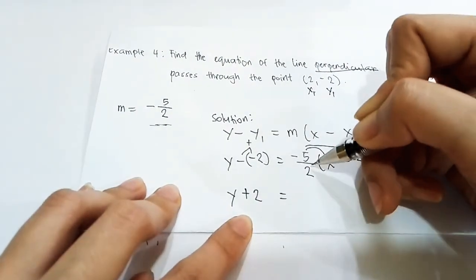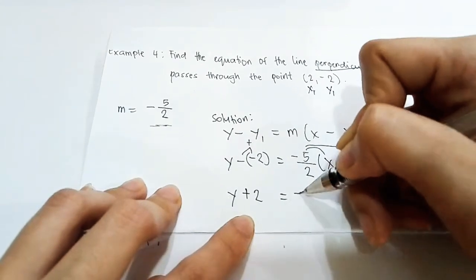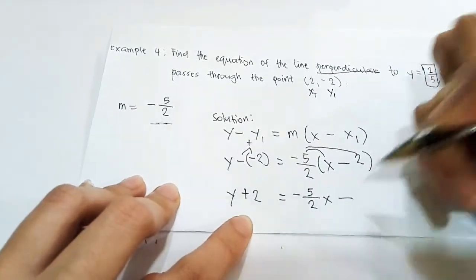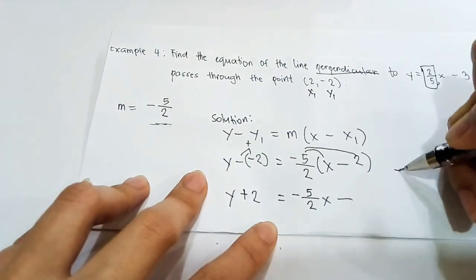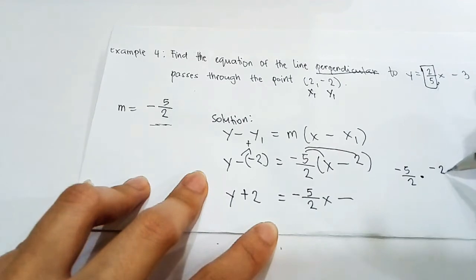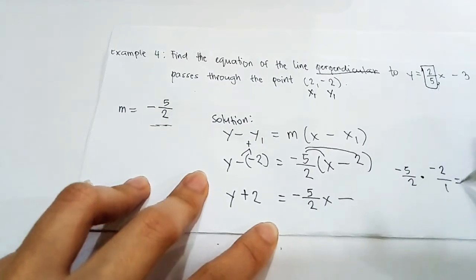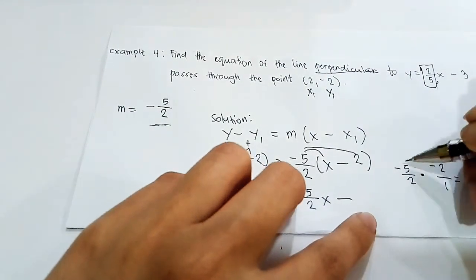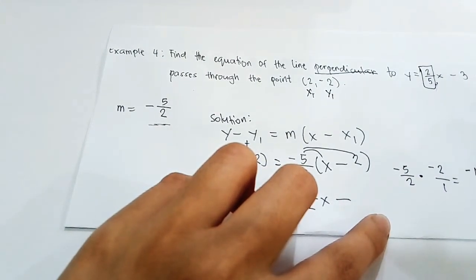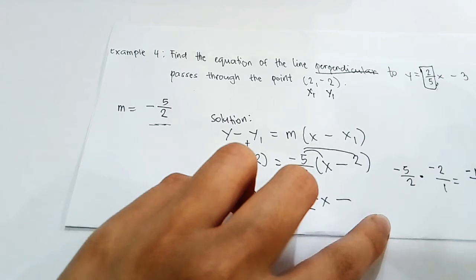So negative 5 halves times x, that is negative 5 over 2 x minus, what is negative 5 halves times negative 2? So we can put a denominator 1. So negative 5 times negative 2, that is negative 10 over 2 times 1, that is 2.